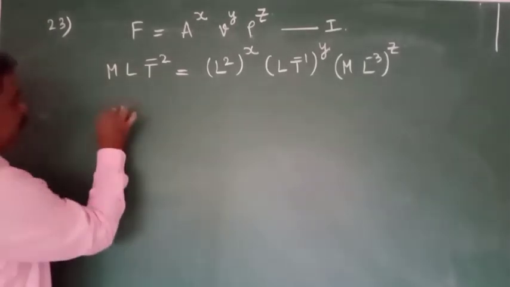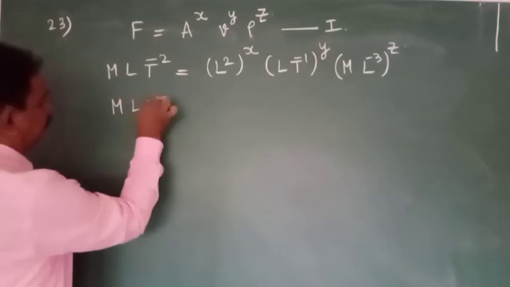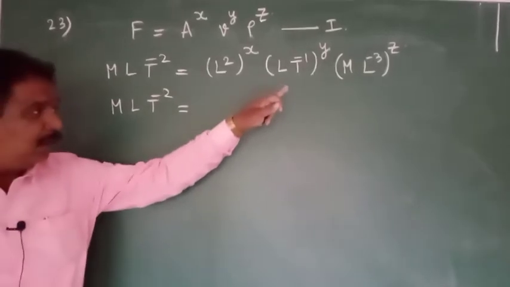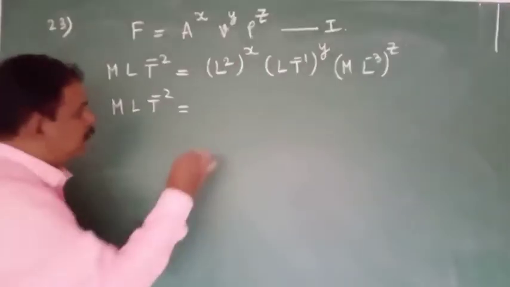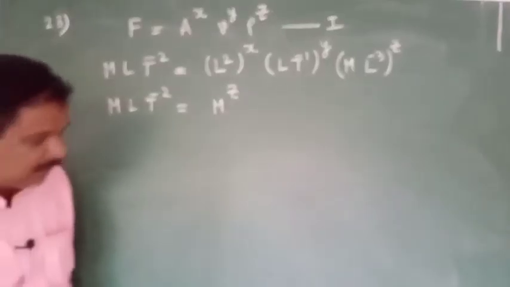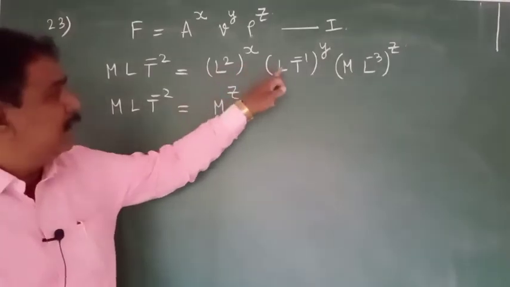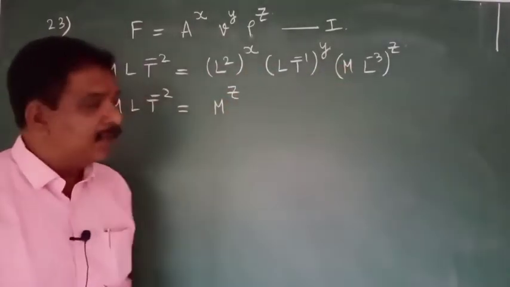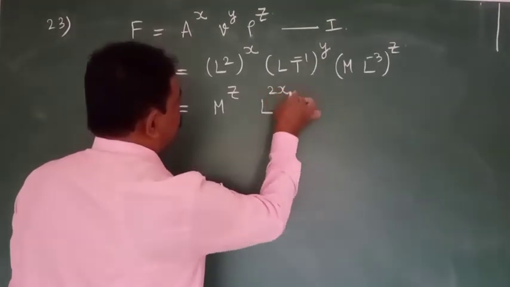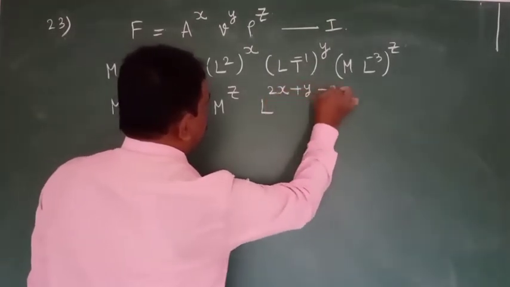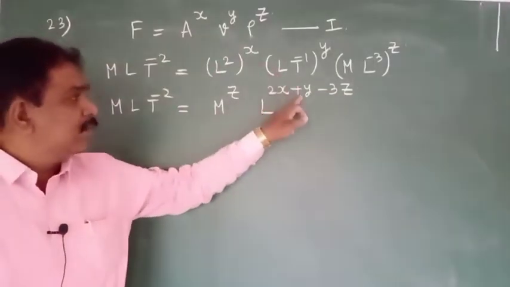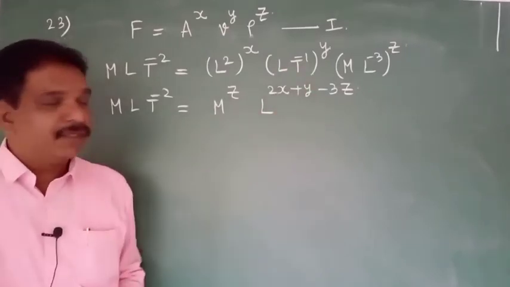So here what we will get: M L T power minus 2 equals, here only one M is there, that M power z. So M power z, and here L. Here L is there, here L is there, here L is there. By writing all the L powers at one place, L power 2x plus y minus 3z.